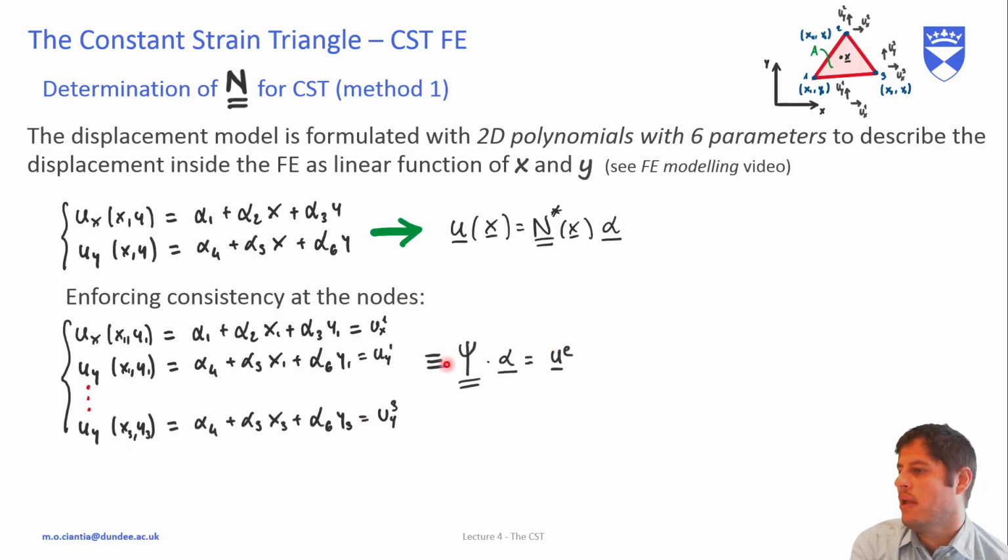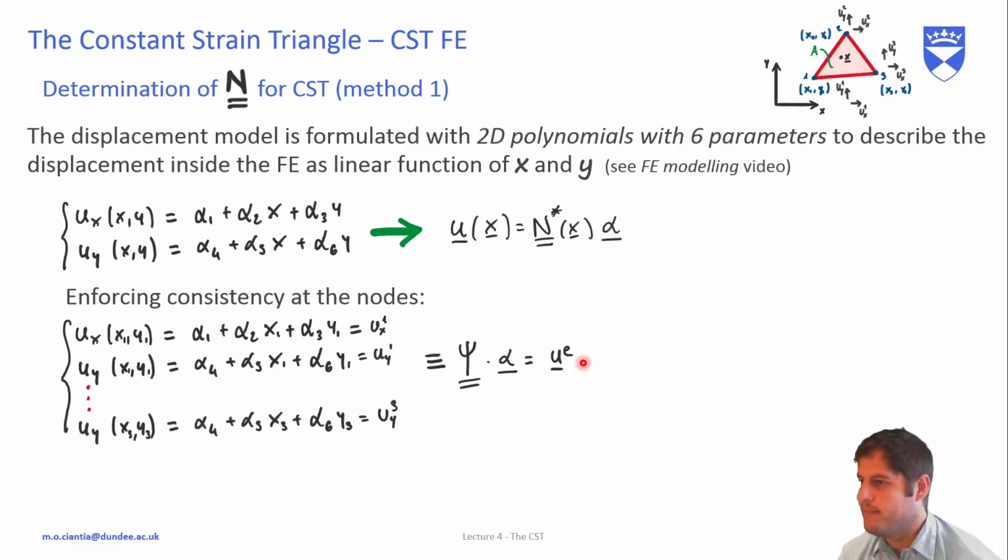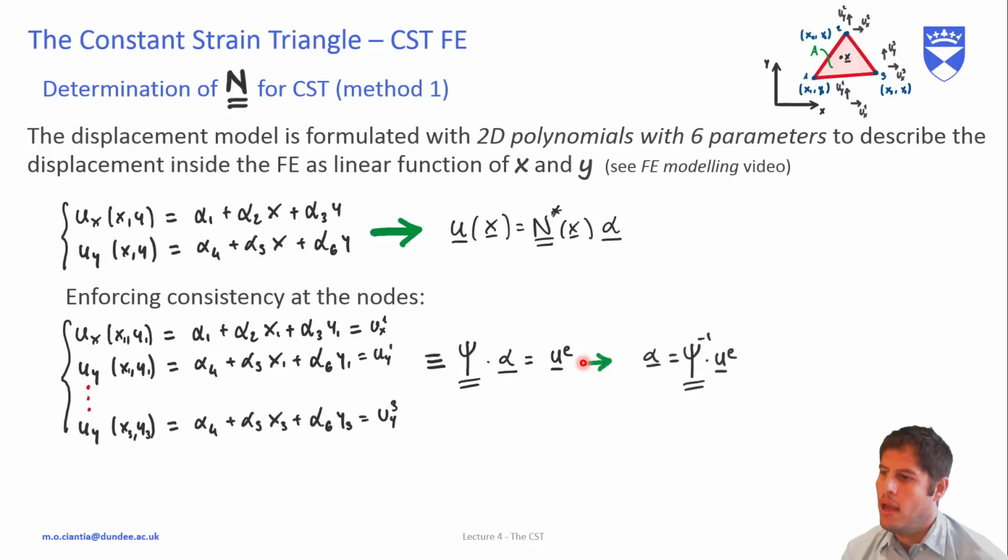So this is equivalent to writing psi times alpha is equal to the nodal displacement vector ue. By inverting this matrix, I multiply left and right hand side by psi to the minus 1, this cancels out, so I'm left with alpha is equal to psi to the minus 1 ue.